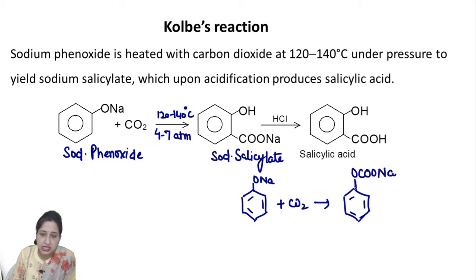Initially this product is formed, which undergoes rearrangement, means this group is shifted to the ortho position and H of this carbon is shifted to this oxygen, to form sodium salicylate, which on further treatment with HCl forms salicylic acid, and NaCl is removed as side product. So this is your salicylic acid.